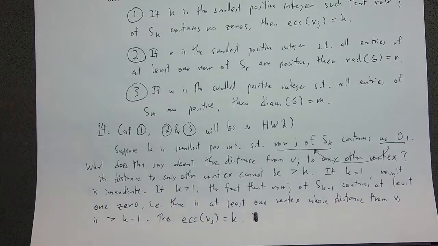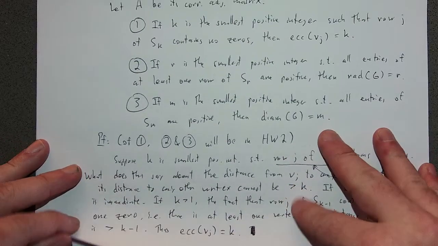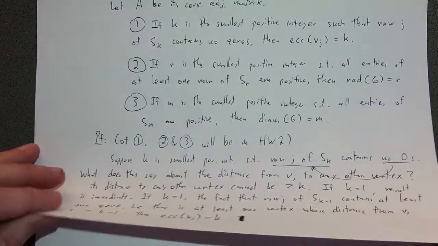So k is the largest possible distance, that is, the eccentricity of Vj. Okay, so 2 and 3 you'll prove, like I said, as problems in homework 2. But that reasoning should get you started on how to think about those.